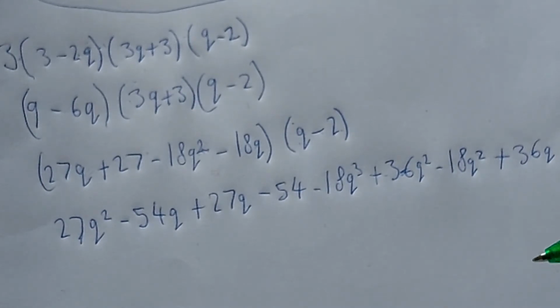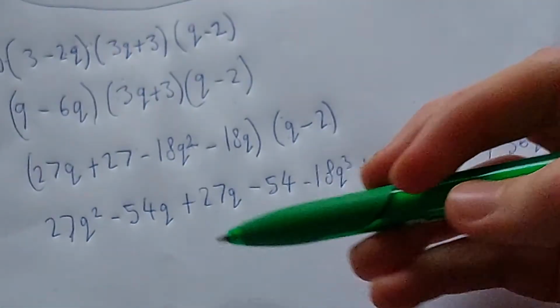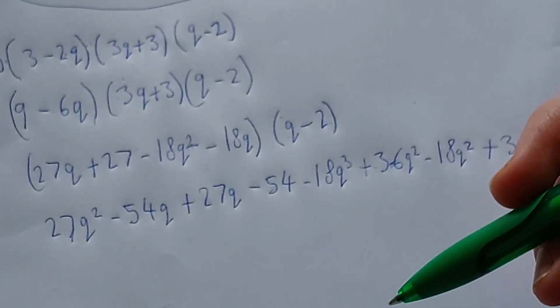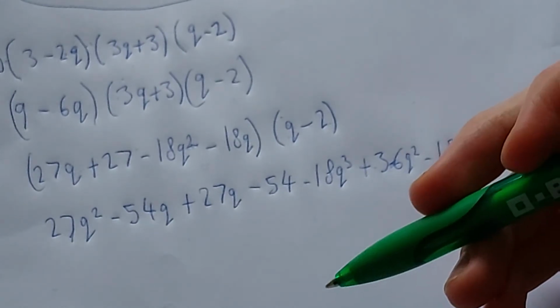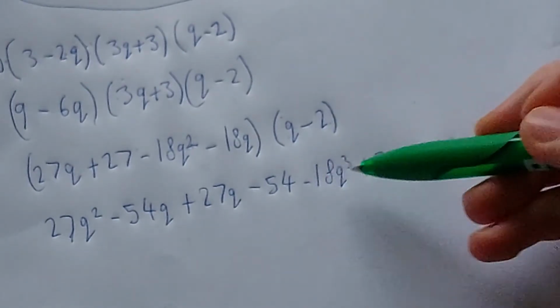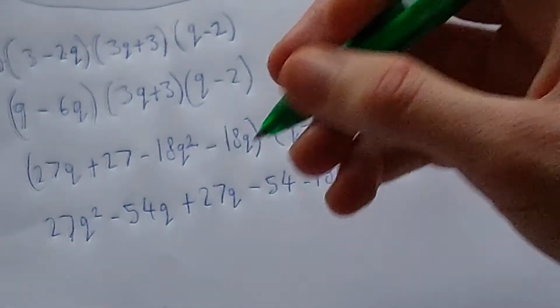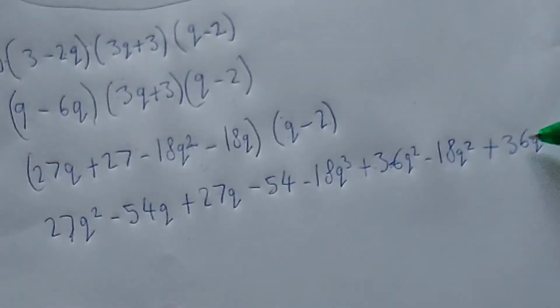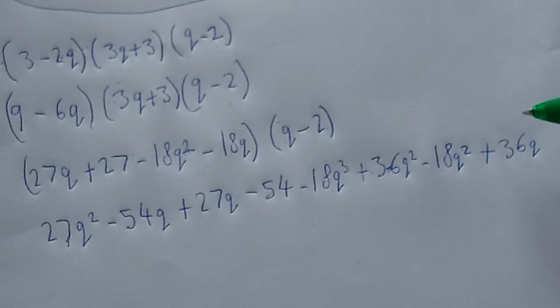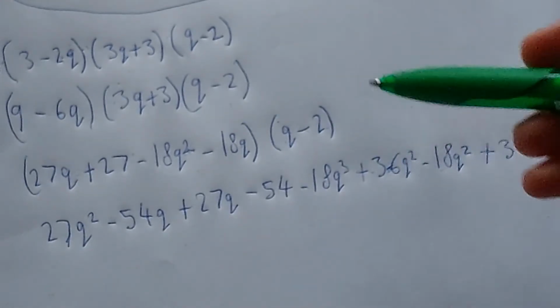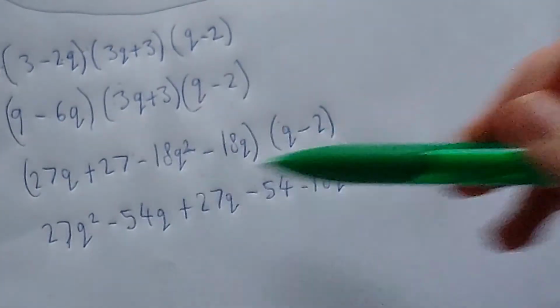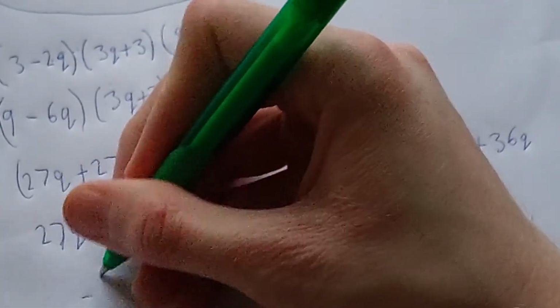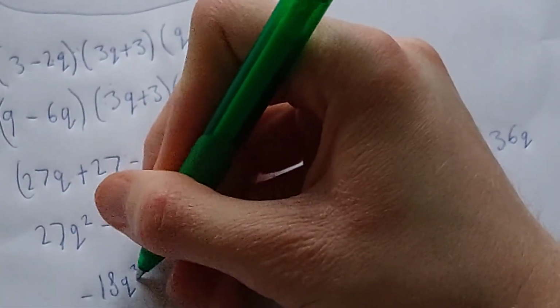And then, as before, we collect like terms. So we look for the highest power first in order to make it easier, which is minus 18q cubed. There's nothing with q cubed anywhere here, so we just write minus 18q cubed.